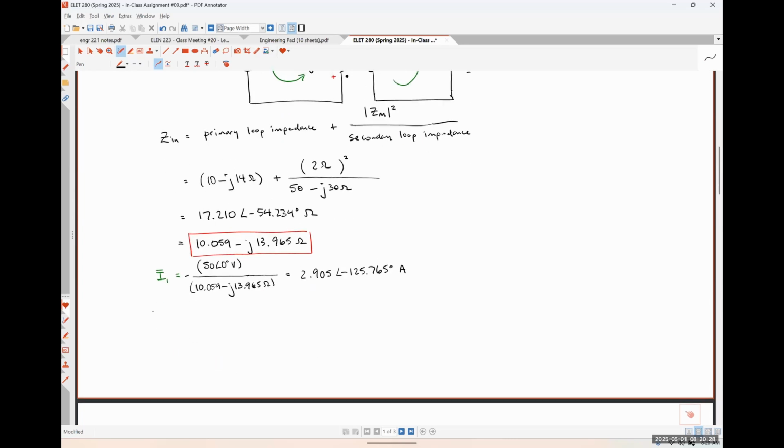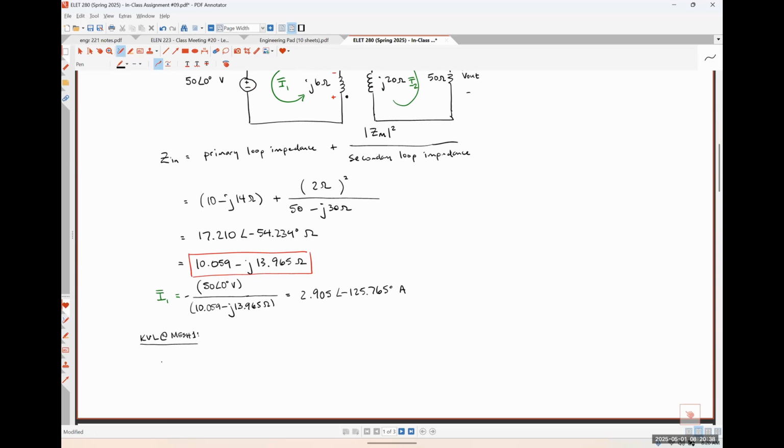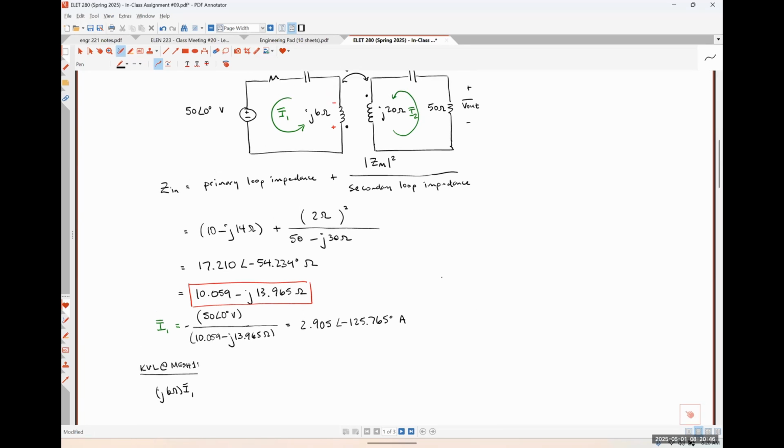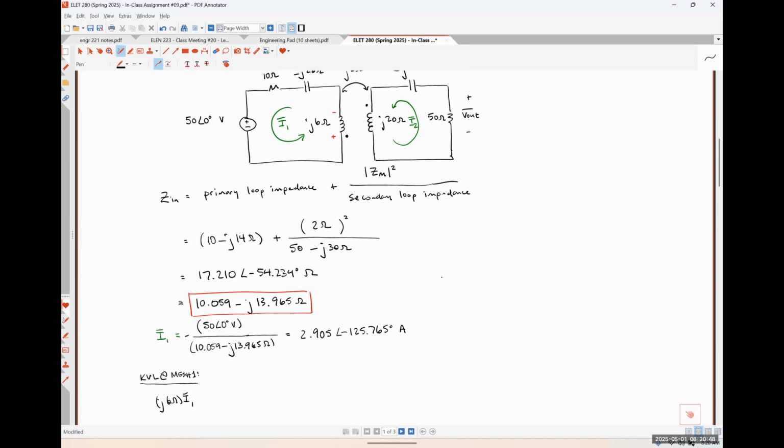So we would have, let me just write a note here, KVL around mesh 1. We would have J6 ohms times I1. We also have to include our mutual inductance because we have magnetically coupled coils, right?